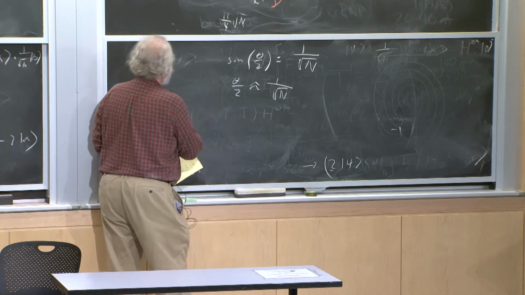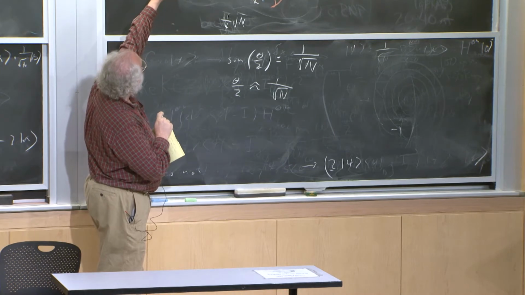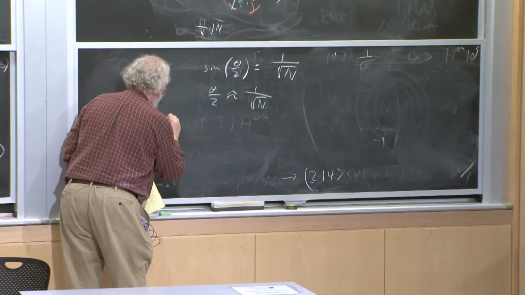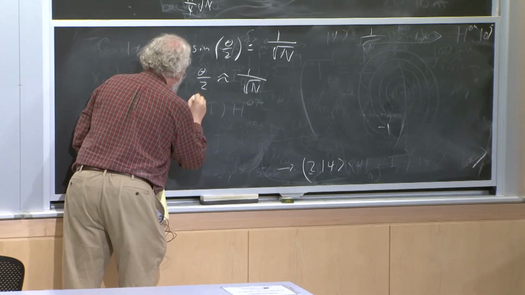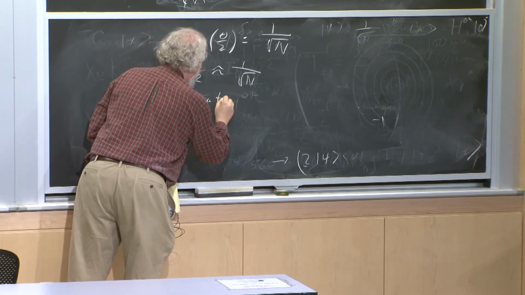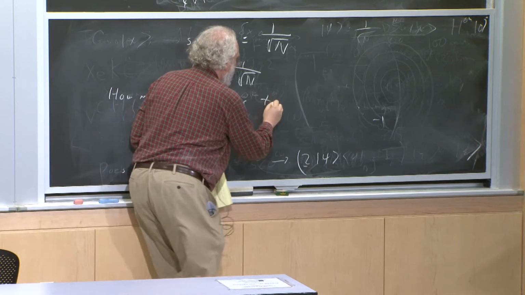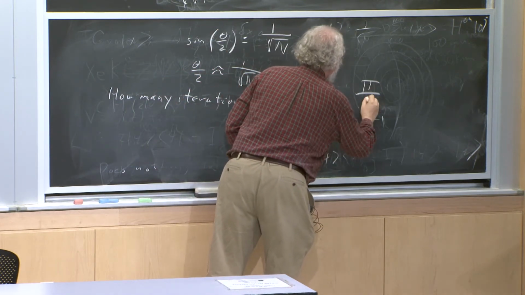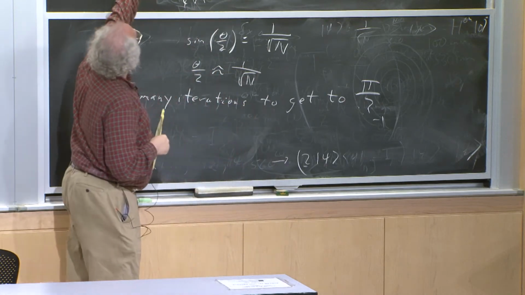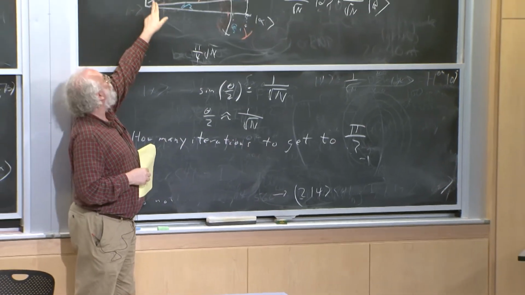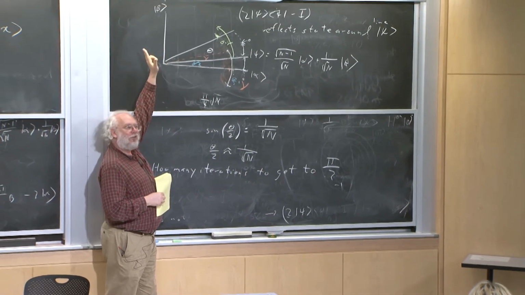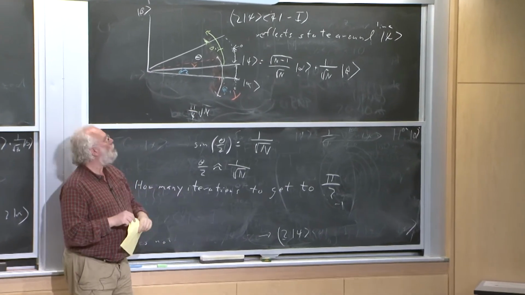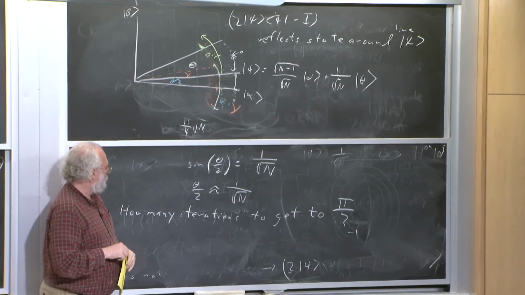And we want to ask how many iterations to get to pi over 2, because we want to take as many iterations as we need to get to something very close to this angle beta, this vector beta. And then when we measure it, with high probability we get the answer.